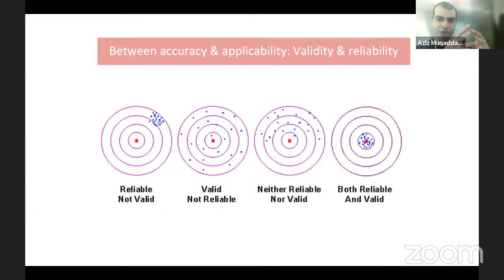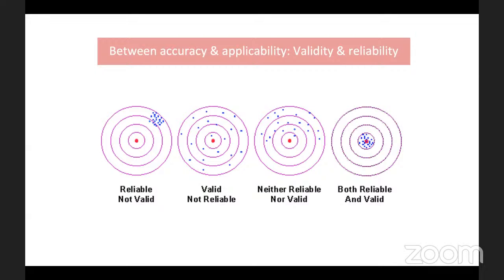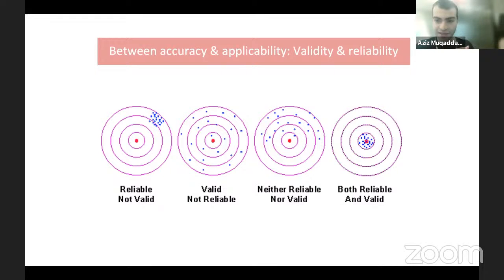Well, satisfaction with the class is different than actual learning outcome, right? But it's consistent. If you measure satisfaction with the class, it is a reliable scale, but it's not measuring learning outcome, it's measuring satisfaction. So it's measuring something else accurately, but it's not applicable to the things we're interested in, right?